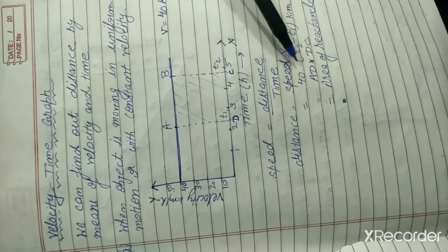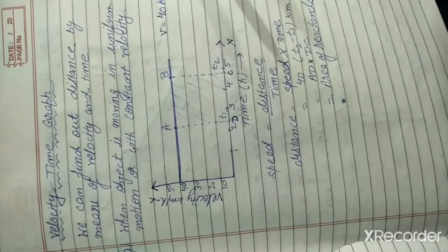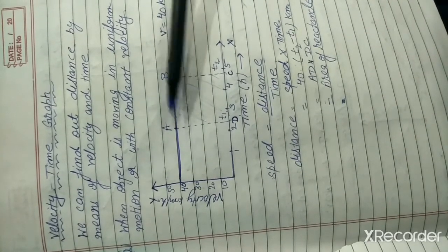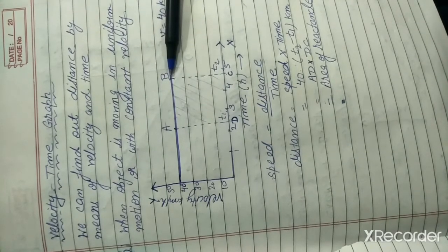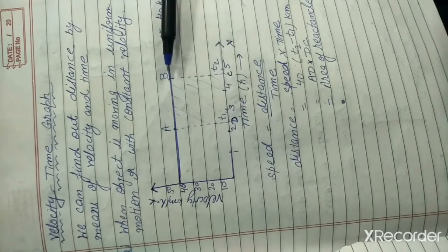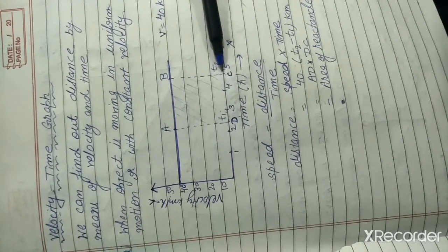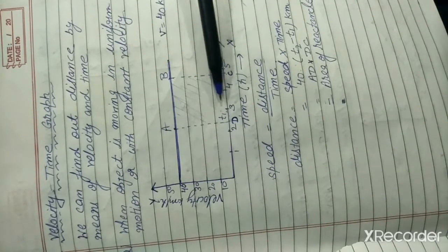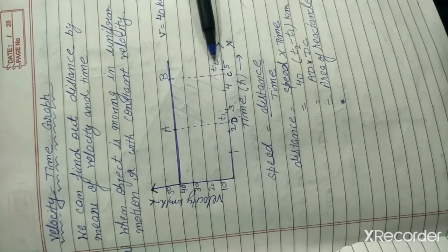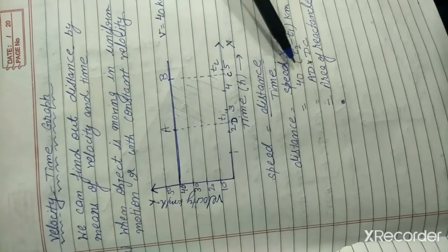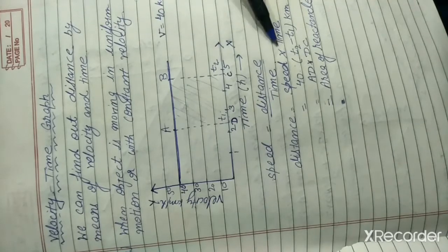Speed we know is 40 km per hour, and for time we consider 2 points A and B, and draw parallels from A and from B on the x-axis. We get 2 points, suppose T1 and T2, so the time will be T2 minus T1. Here we put speed equals 40 and time T2 minus T1.